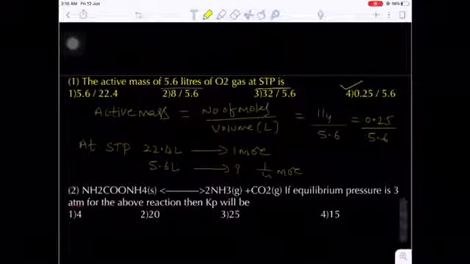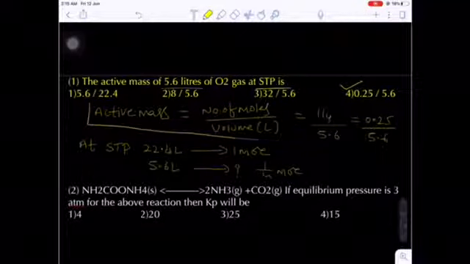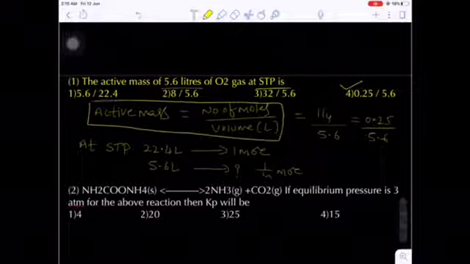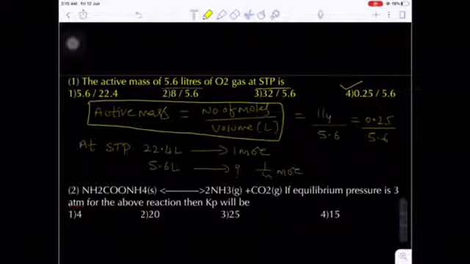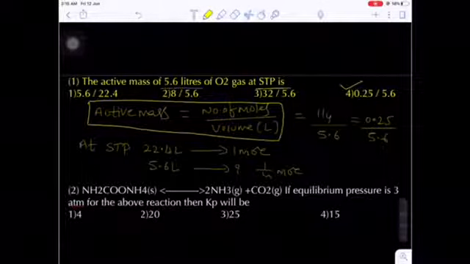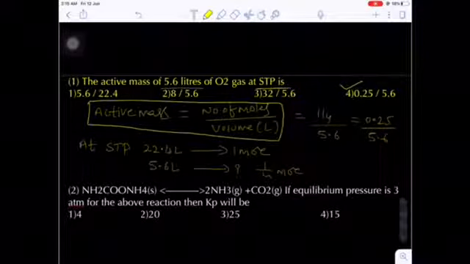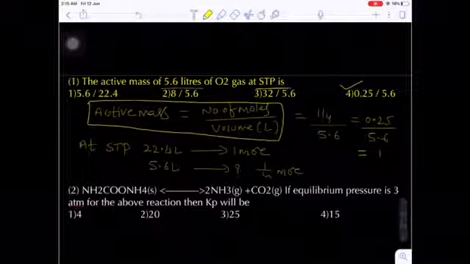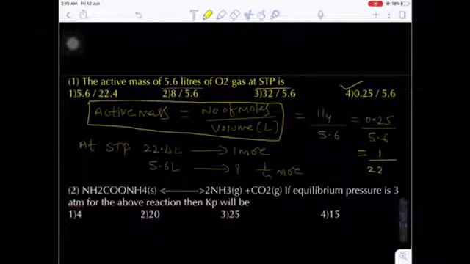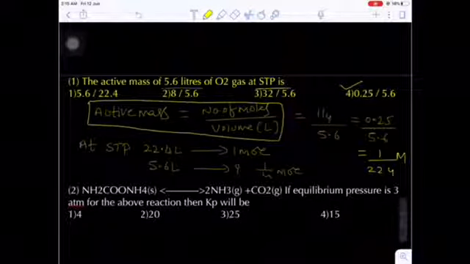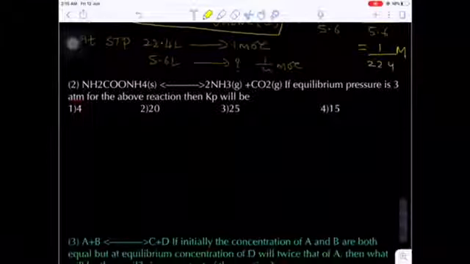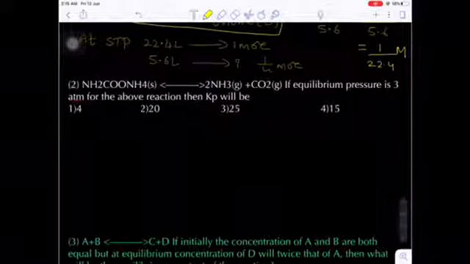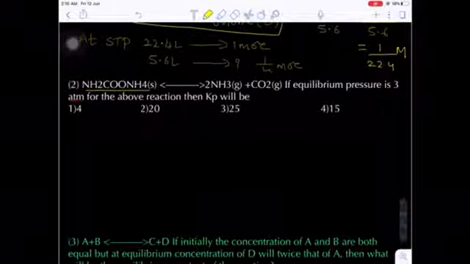We are calculating the active mass by using the formula number of moles divided by volume of the container in liters. If you want to further simplify, you will get the final answer 1/22.4 moles per liter.